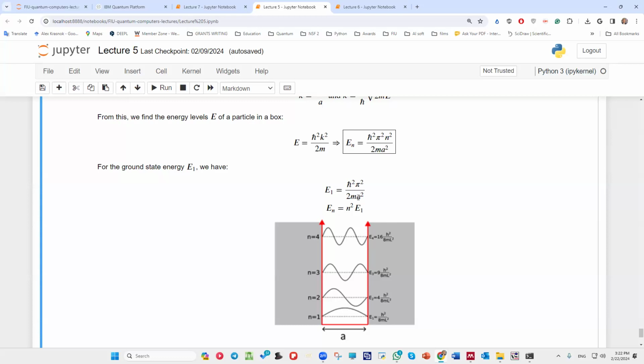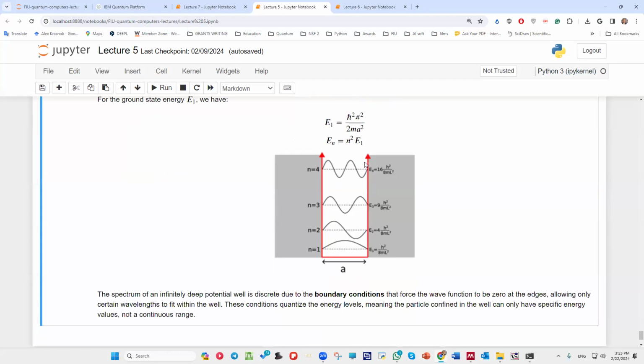You can notice that there is the smallest amount of energy that the particle can have. This is the energy of the first energy level in this well. And the energy scales as n to the power of 2, quadratically with the number of the energy level.